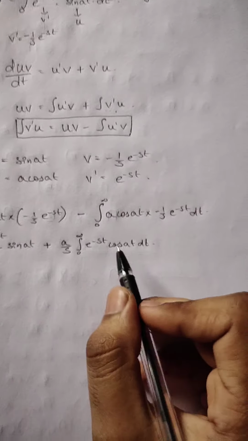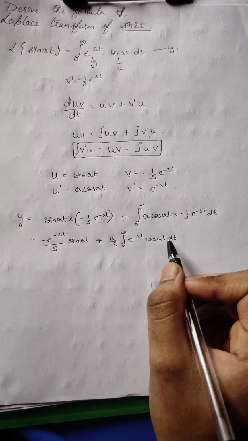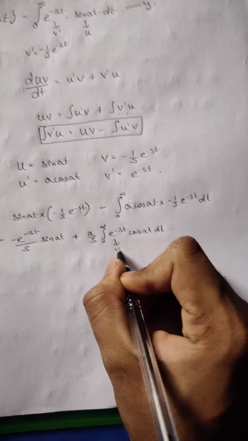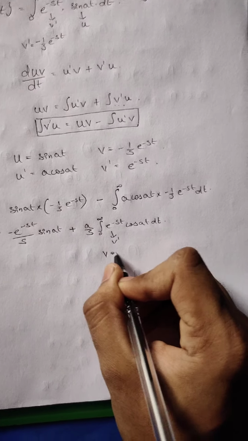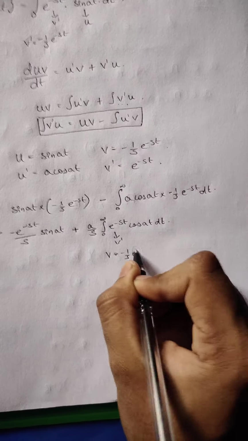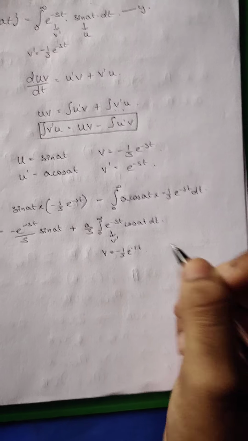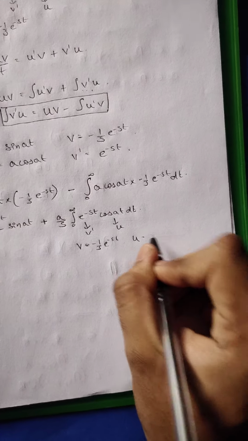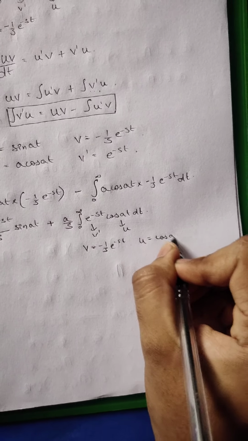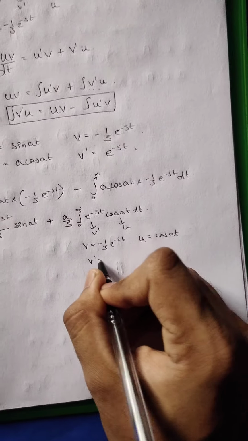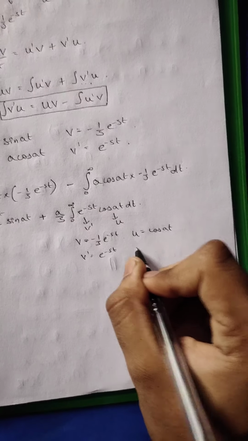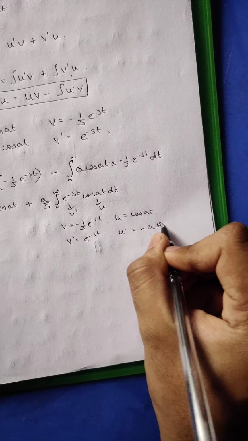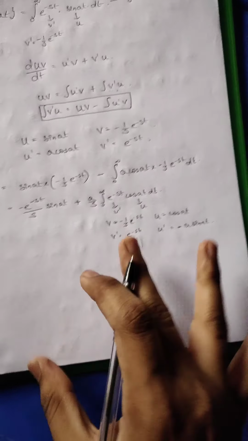Now this becomes a whole different question again, so we can solve it in a similar way. Take this as v dash, and our v is minus 1 by s e power minus st, and this as u, so u will be cos of at, v dash is e power minus st, u dash would be minus a sine at.